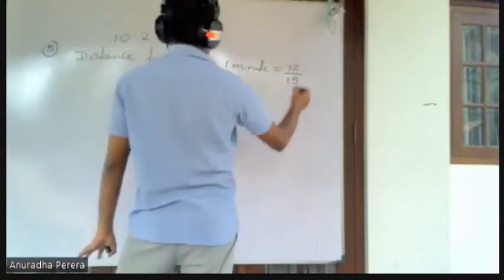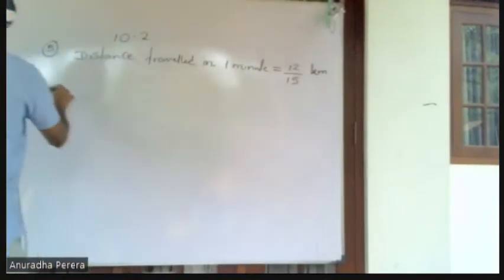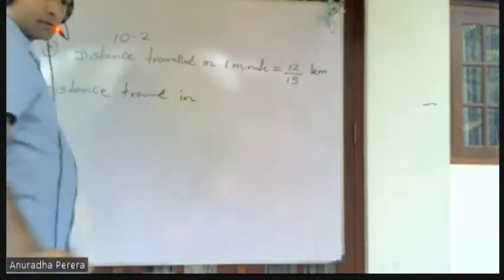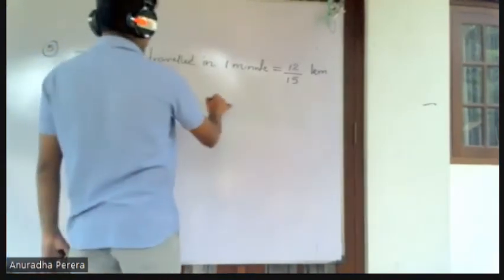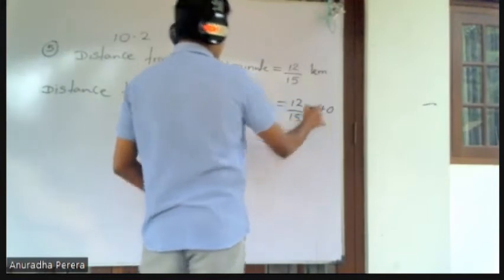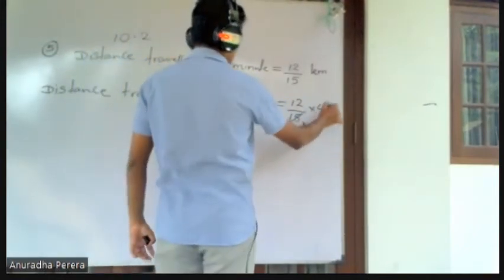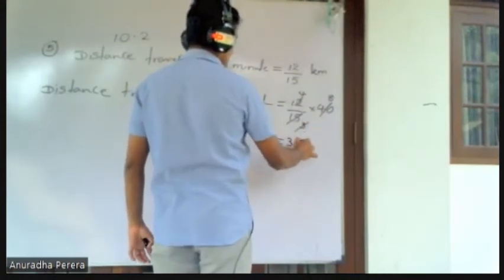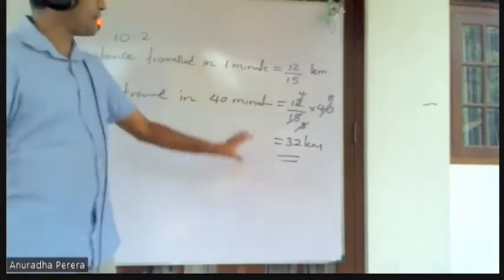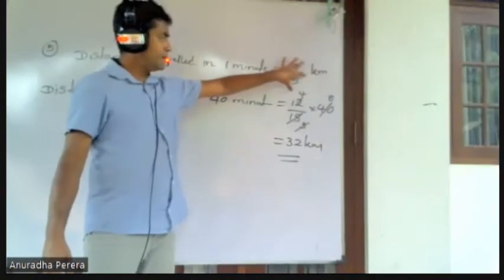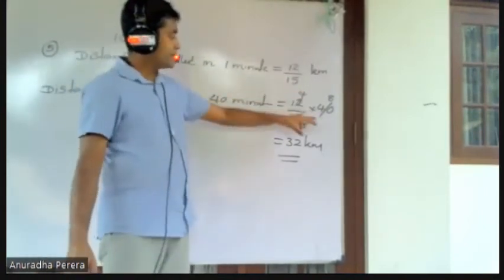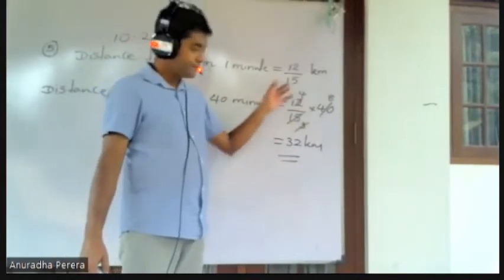Then the distance traveled in 40 minutes: multiply this by 40. Simplify by 5, 3, 8. 4 times 8 is 32 kilometers. We obtain the distance in 1 minute as a fraction, and to find the distance in 40 minutes, multiply by 40. Then you can simplify a bit.